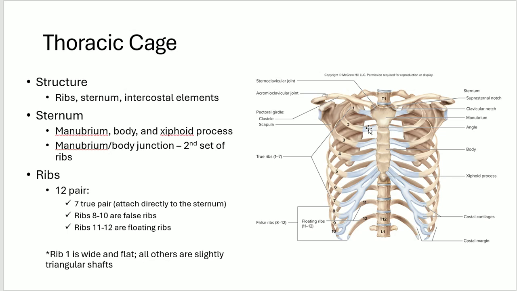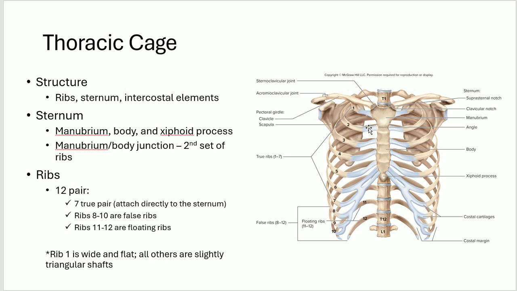So if you know that the second rib is where the manubrium links to the body, and that's where you put the stethoscope to listen for heart sounds, you know that that's the second rib. And you can count from there, like I said. So there are 12 pairs of ribs. We have 7 pairs of true ribs. They attach directly to the sternum.